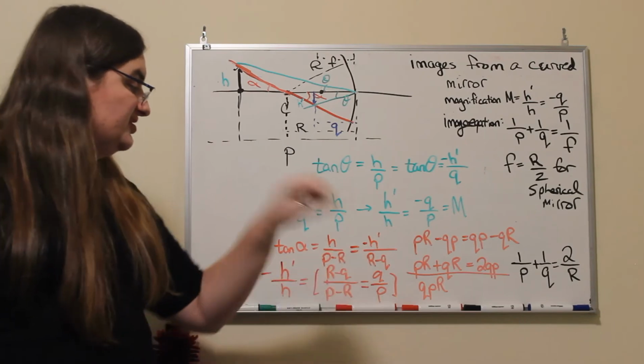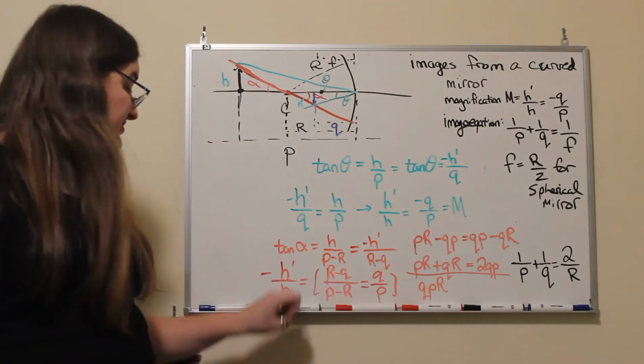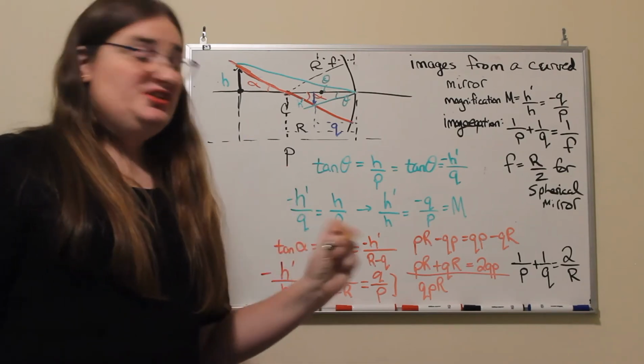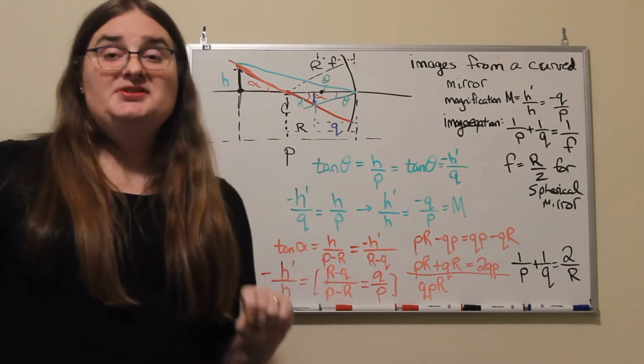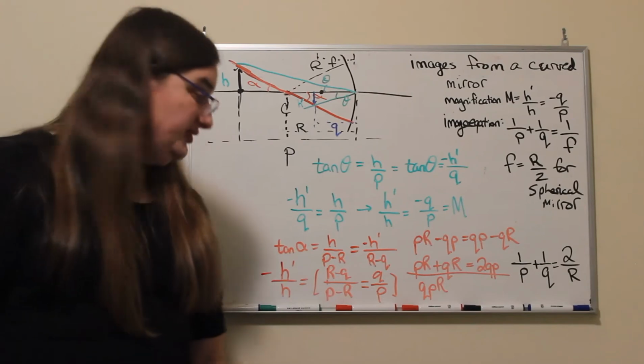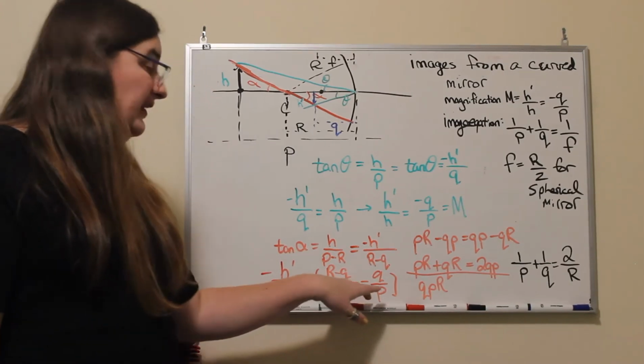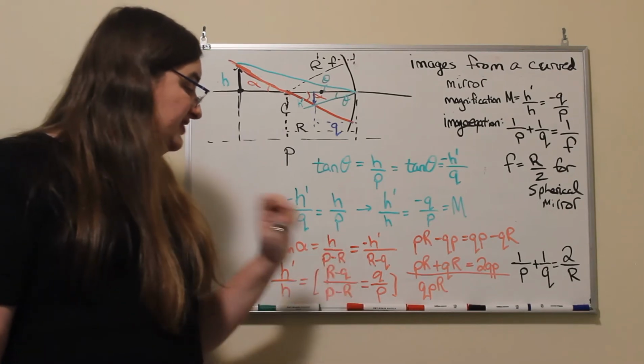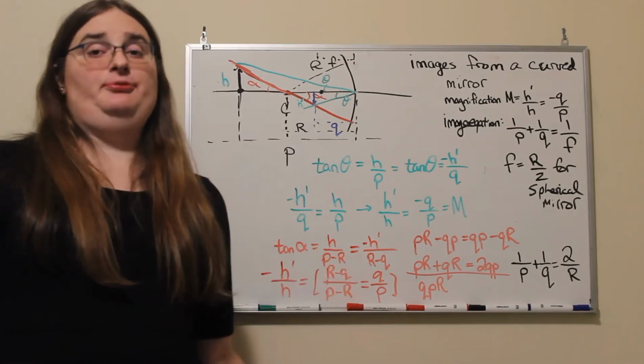The image distance divided by the object distance is the radius of curvature minus the image distance divided by the object distance minus the radius of curvature. That's a little awkward and unwieldy. And with a little bit more algebra, we can actually make this look a lot prettier.